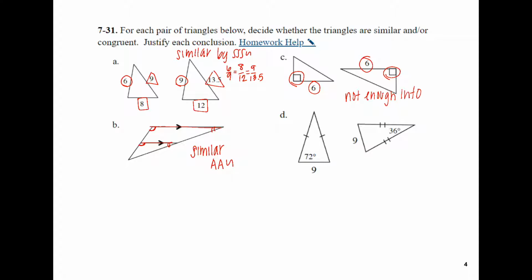When we look at letter D, we have an isosceles triangle where the two sides are congruent and the bottom angle is 72 degrees. So we know that the other angle should be 72 degrees. When we subtract both of those from 180, it tells us that this top angle is 36, which you can see this angle in this triangle is 36.